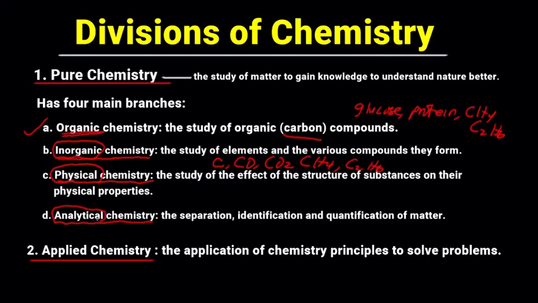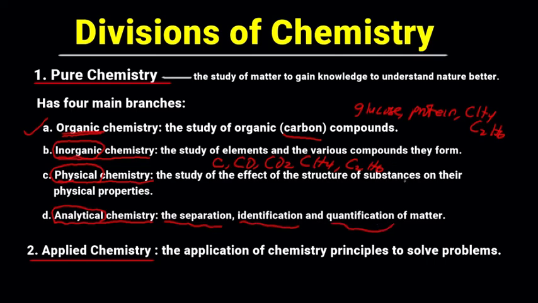An example is, let's say, I have this solid. And I want to know what this solid is made up of. Let's say the solid is made up of these elements. I want to know what this solid is made up of. All right. So that is the identification part.